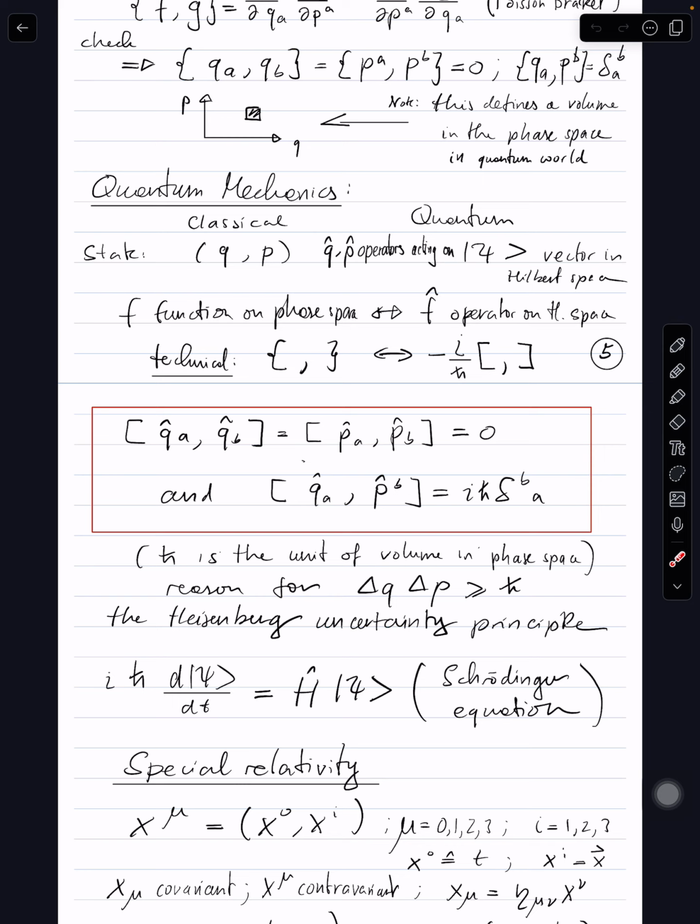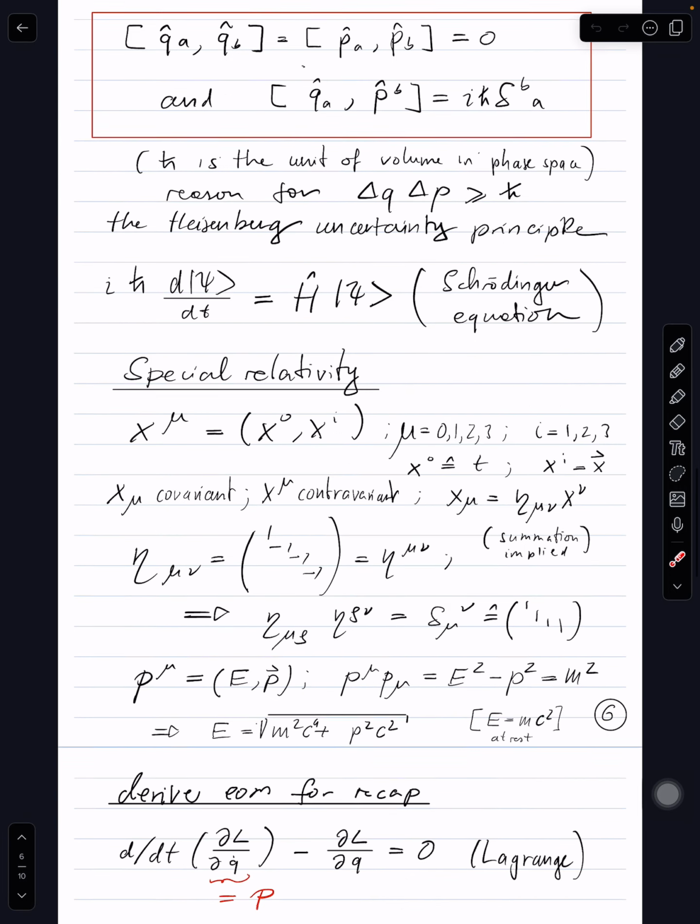We can change its shape by measuring positions or momenta better, but fundamentally there's an irreducible volume in phase space that describes our limitation of actually measuring so-called conjugate quantities, which have a non-vanishing commutator in quantum mechanics.